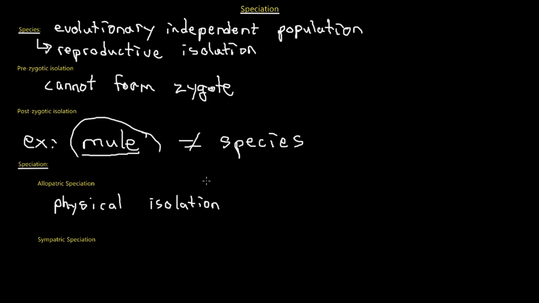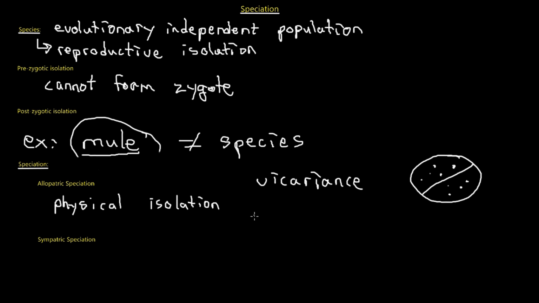One is called vicariance, and vicariance is just a physical splitting of a habitat. So if you have a specific environment and, for example, a river all of a sudden forms in the middle and the population cannot cross from one side to the other, well, now the two populations are physically isolated.